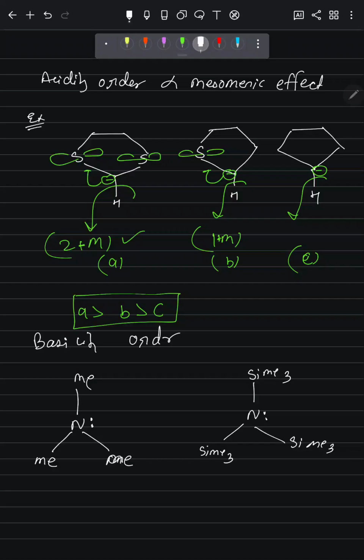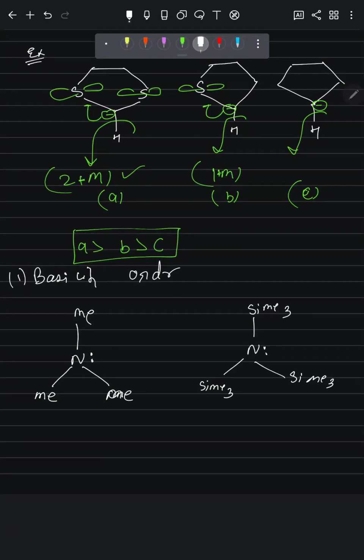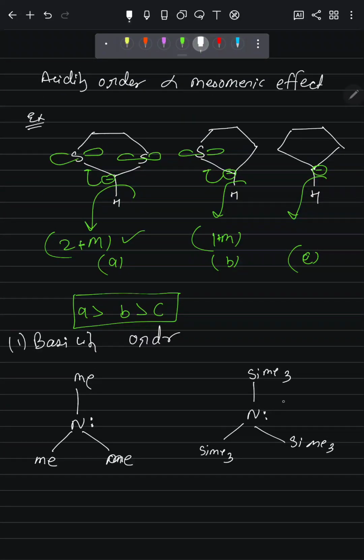So to get the basicity, we know that if an H plus comes here to attack, this lone pair of nitrogen is not available for donation, because it is going into the empty orbital of this silicon.